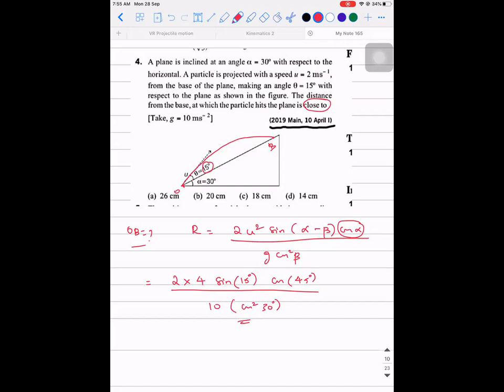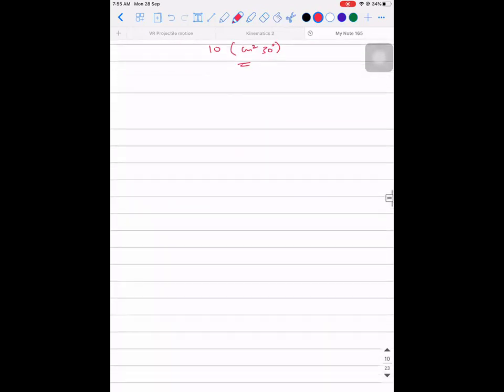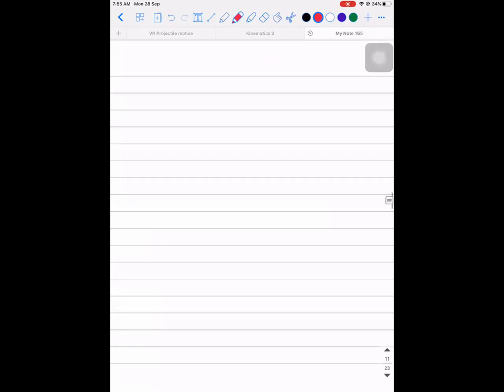Now, I'll give you 5 minutes time. Think and tell me how to derive all these expressions when the particle is projected down an inclined plane. That is the same story again. You have beta, right?